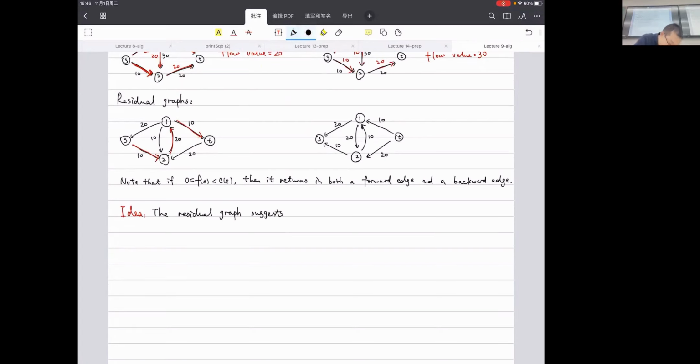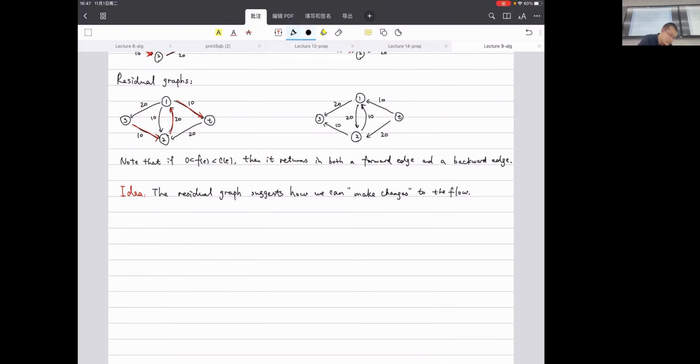Specifically, let P be a simple ST path in G_f. That is the case where P does not visit any node more than once.